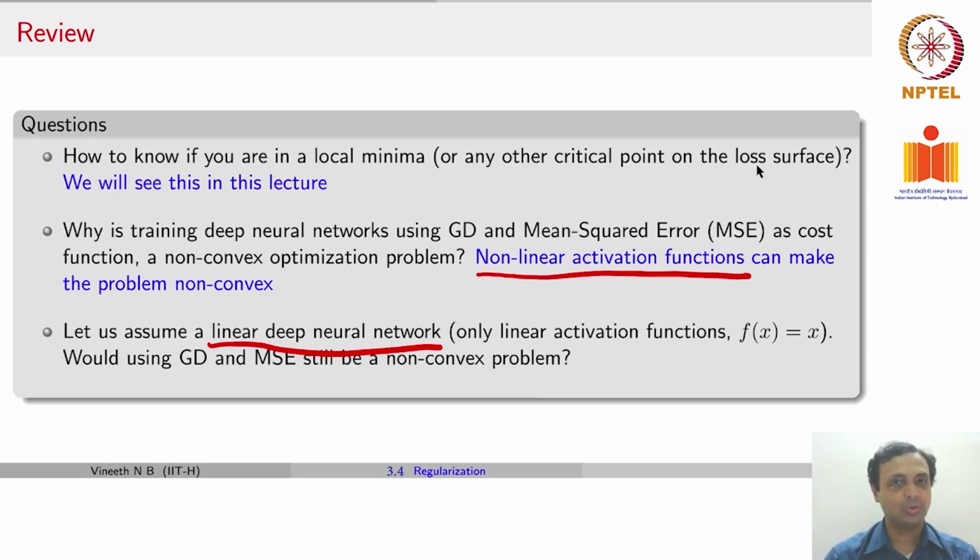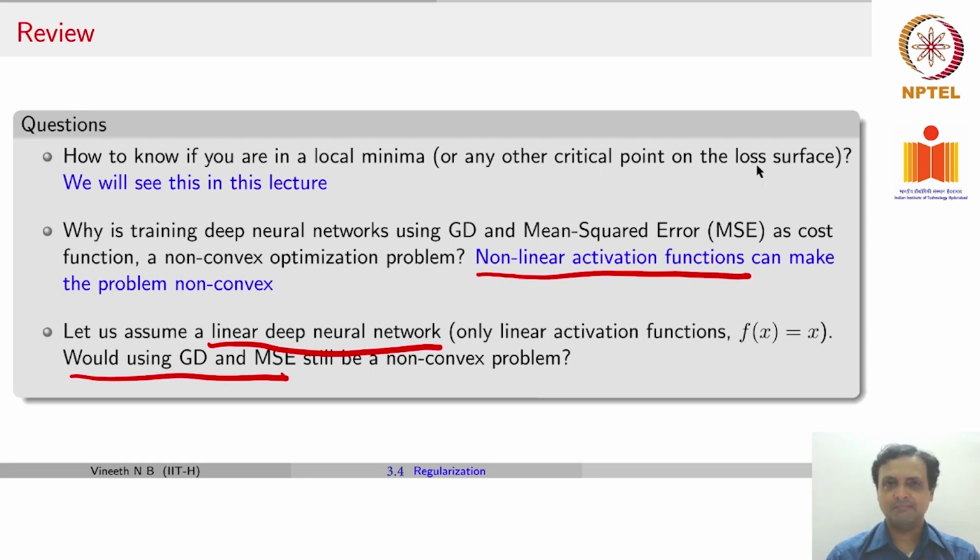No sigmoid, no tanh, no relu, so on and so forth. You only use linear activation functions, which is as good as saying no additional activation function other than the neural network itself. Now, would training a neural network using gradient descent and mean square error be a convex optimization problem or a non-convex optimization problem?